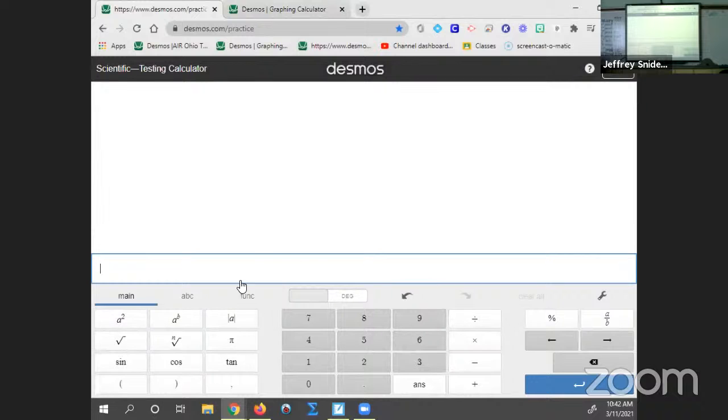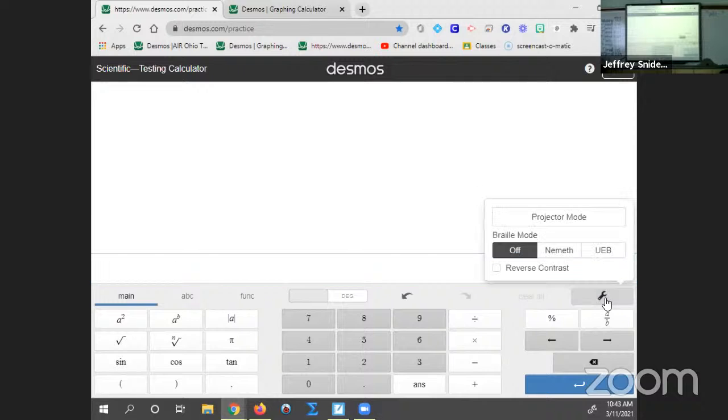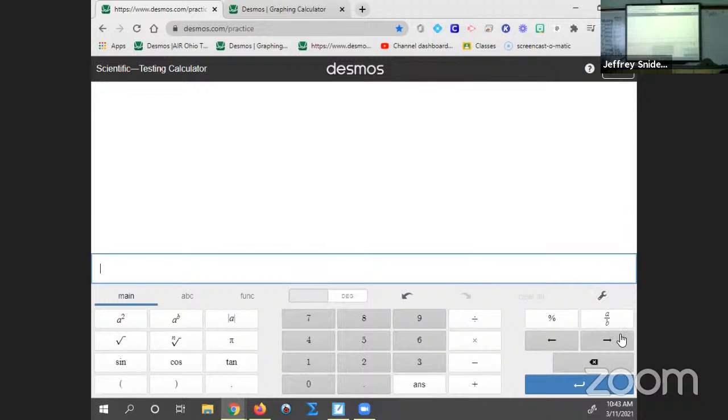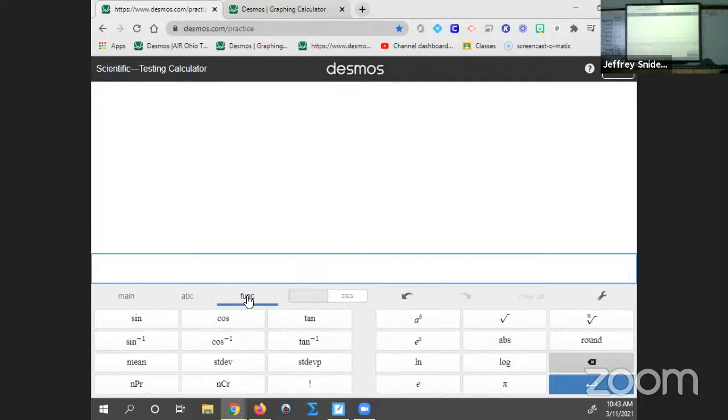How am I going to do it here? Well, I could do sine, but it's not going to give me what I want. So where am I going to find the inverse sine, I wonder? Any idea? Anybody know? What's that? Go to functions. There they are.